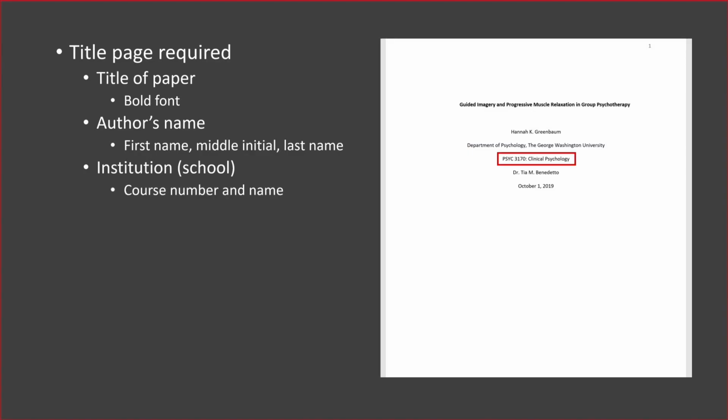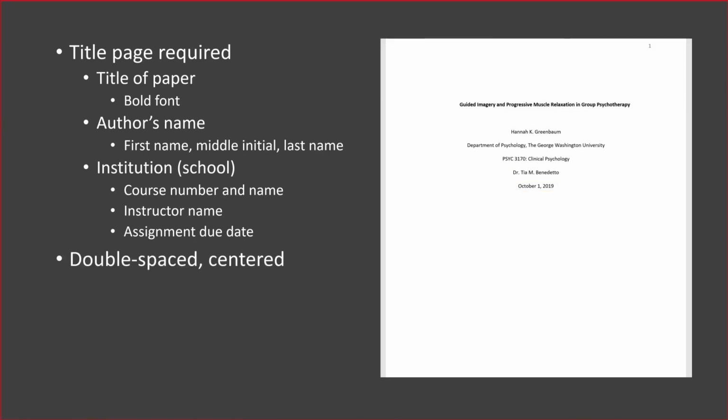If you're doing an APA essay in the style of a student, you would also include the course number and name. You would include the instructor's name, and you would include the assignment due date. Finally, you want, again, to have everything double-spaced and centered. And here you'll notice at the top right corner, the page number is included even on the title page.